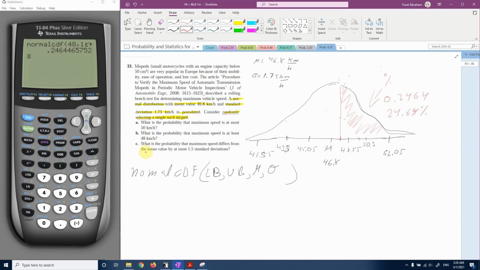Now, the next problem says, what is the probability that the maximum speed differs from the mean value by at most 1.5 standard deviations?